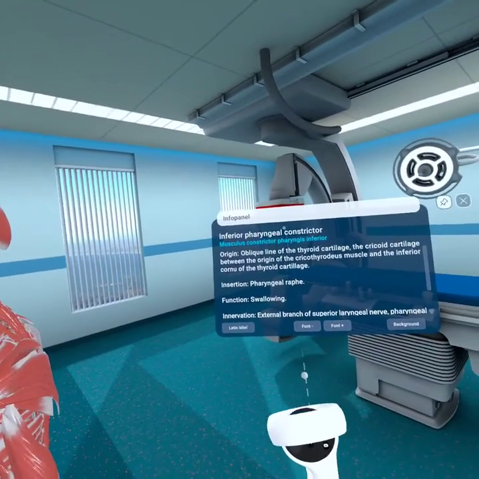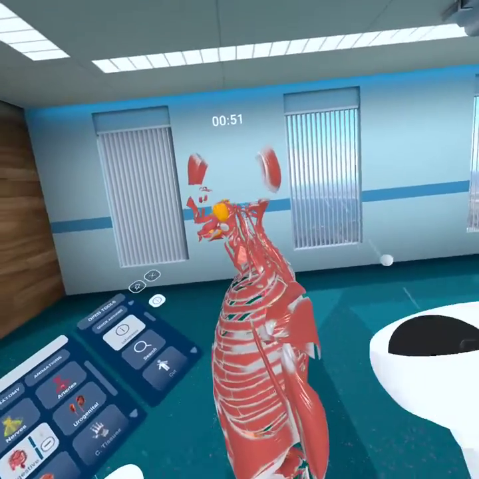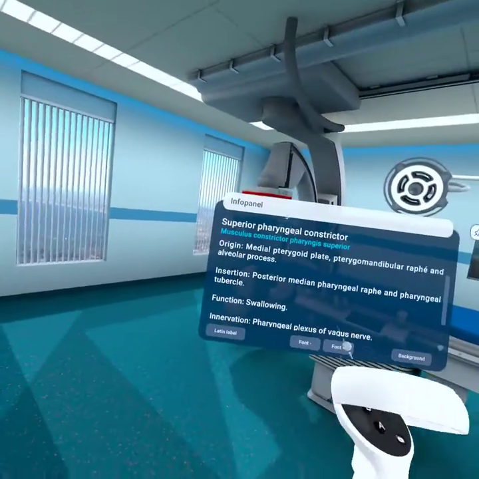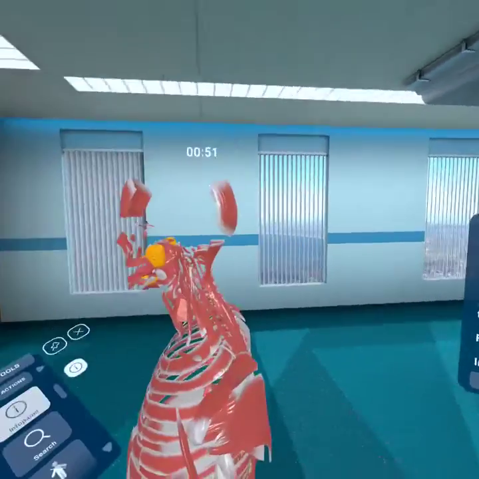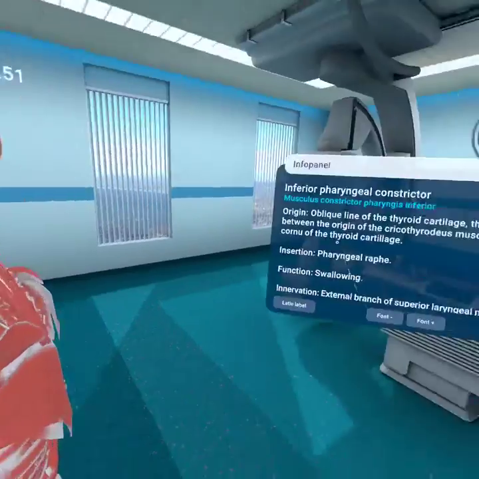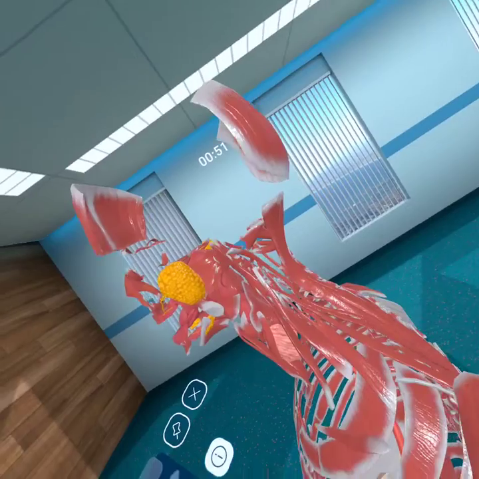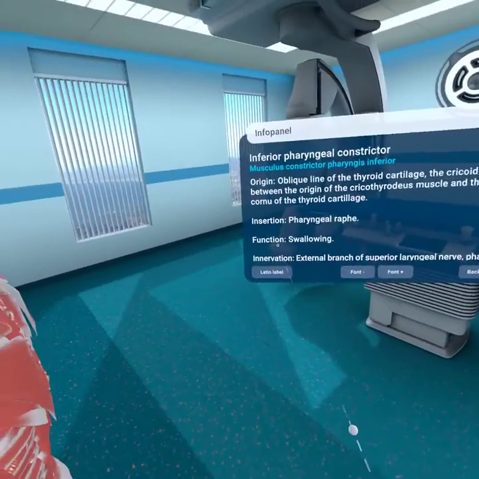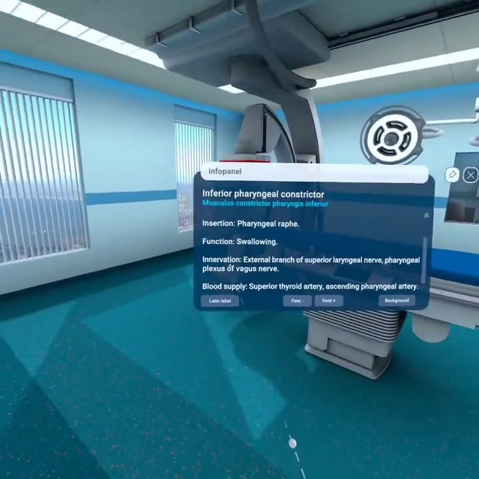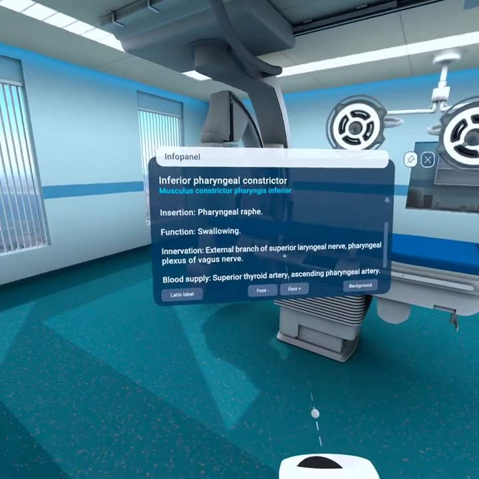So the first two inserted at the posterior median pharyngeal raphe, and the inferior only inserts at the pharyngeal raphe. So its function is also to swallow, and it's innervated by the external branch of the superior laryngeal nerve.